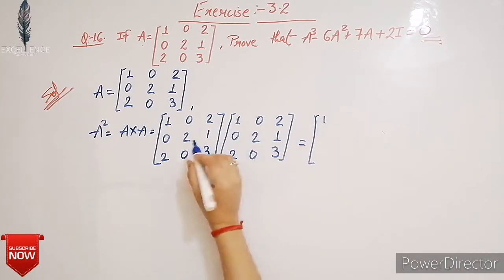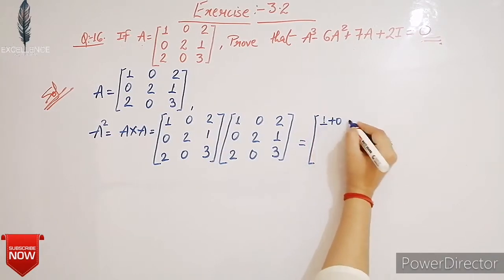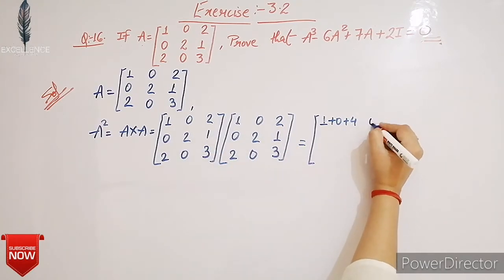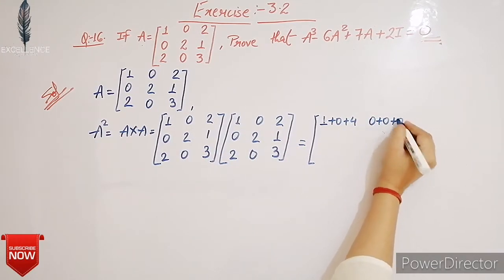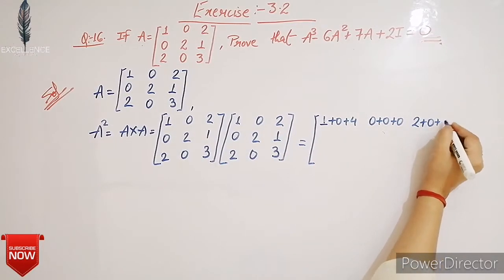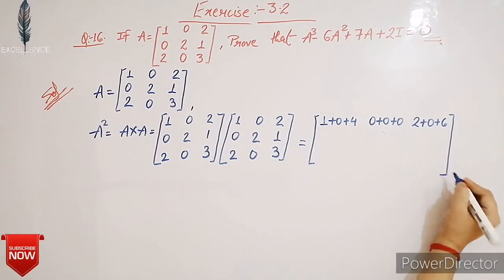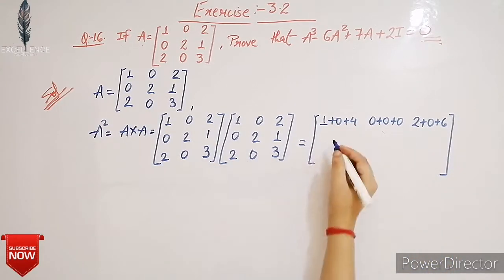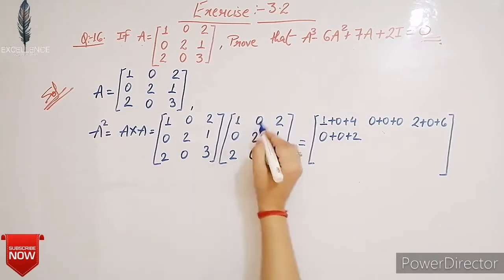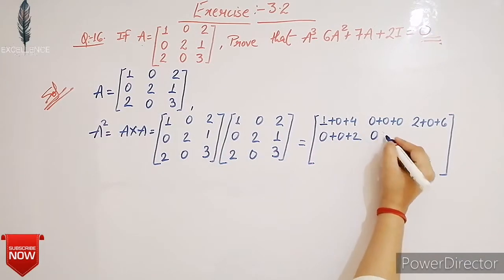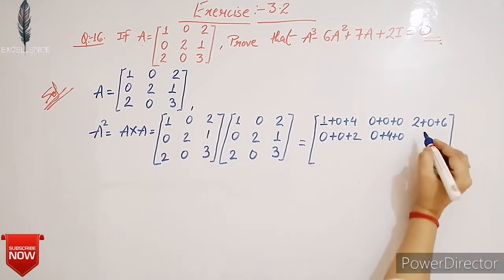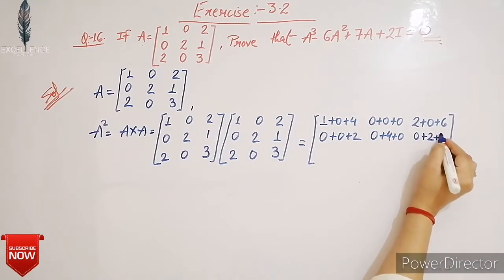So the first element is 1 plus 0 plus 4. Next is 0 plus 0 plus 0. Next is 2 plus 0 plus 6. Now in the second row by first column, that is 0 plus 0 plus 2. Next is 0 plus 4 plus 0 and next is 0 plus 2 plus 3.